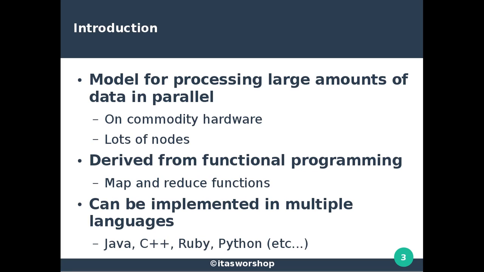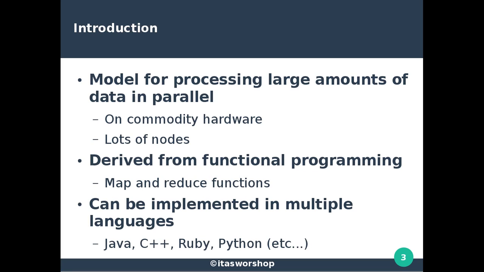Hadoop uses this model for programming in parallel, and it uses commodity hardware and a lot of nodes. So it's not just one powerful big machine. We have multiple machines, which are just commodity hardware, all connected, and it's doing programming using that.